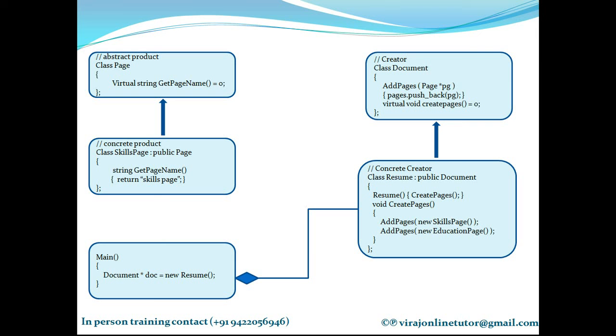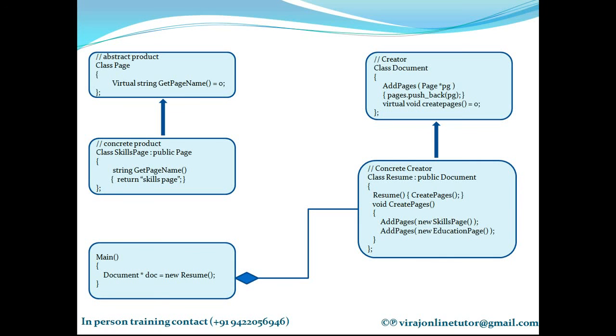Now the last point is, when do we use it? How will you know when you're designing your project when to use it? You need to use this method when the class can't anticipate the class of objects it must create.